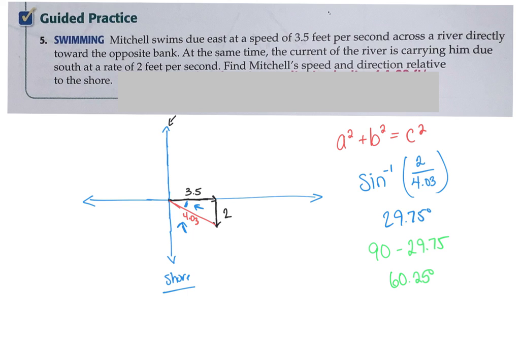So they're going to assume, if I just leave it like this, that I started here and went this direction, which is not true, right? It didn't push them this way. It pushed them this way. And so I have to say southeast of the shore. So I have to actually say this is southeast of the shore for my direction. And my magnitude is going to be the 4.03 feet per second.